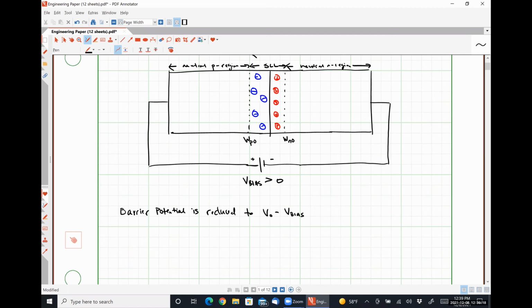It caused just enough drift to cancel out diffusion. Well, if we make that barrier potential smaller, we should observe that diffusion can more easily occur. Okay, so that's one thing, and we're going to talk about that in great detail in a couple of minutes.